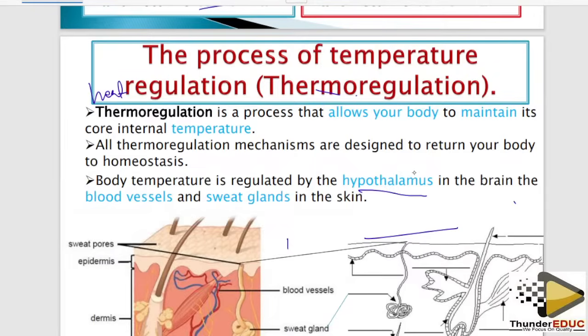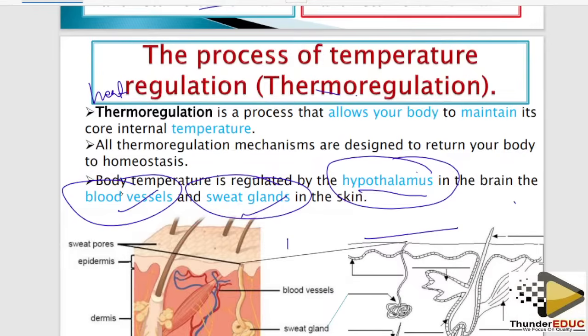The hypothalamus communicates with the blood vessels and the sweat glands. So during this process, we're going to talk about the hypothalamus, the sweat gland, and the blood vessels of the skin. When you talk about thermoregulation, you must know that's what you are supposed to talk about.